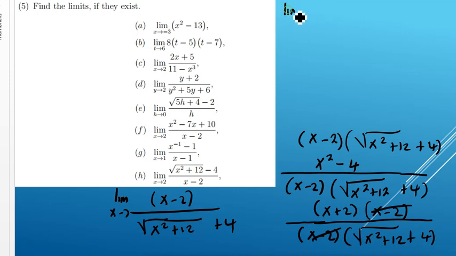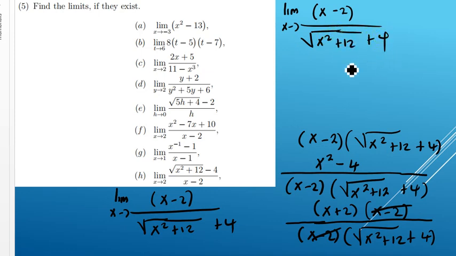We have the limit as x is approaching 2 of x plus 2 all over root of x to the power 2 plus 12 plus 4. Sorry, this is a positive.